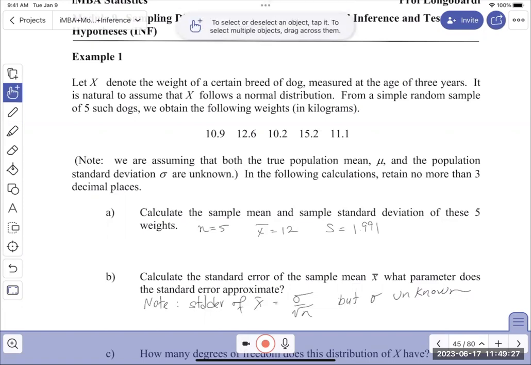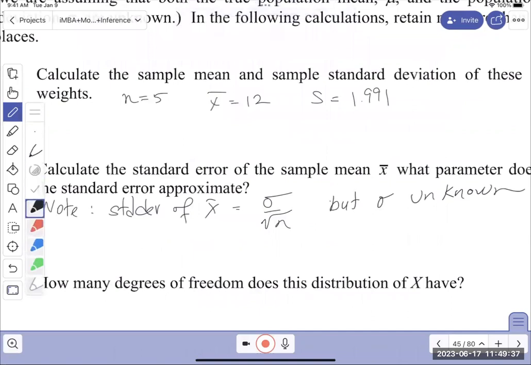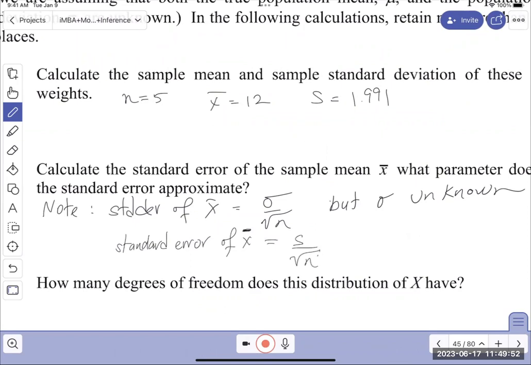And when I do that, it goes from being called the standard deviation to being called the standard error. It needs a new name to distinguish between the population result and otherwise. So S is 1.991 divided by square root of 5.